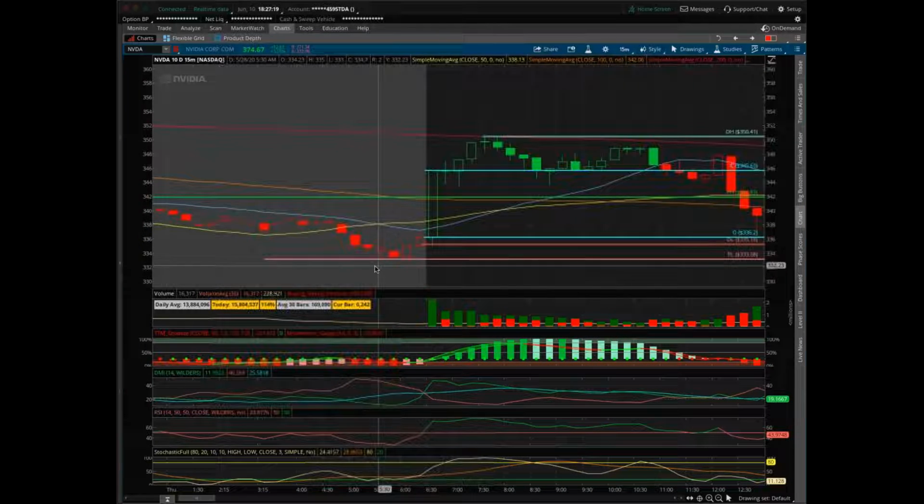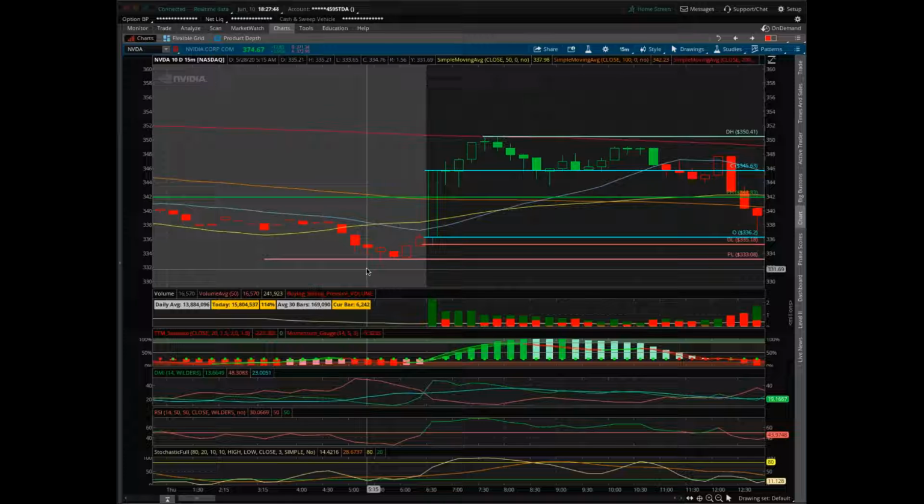Now, does anybody know why I focus so much on having you understand the open and close of the first candle and why they're so important? Well, the reason is that the first candle of the day has the highest volume of the whole day.